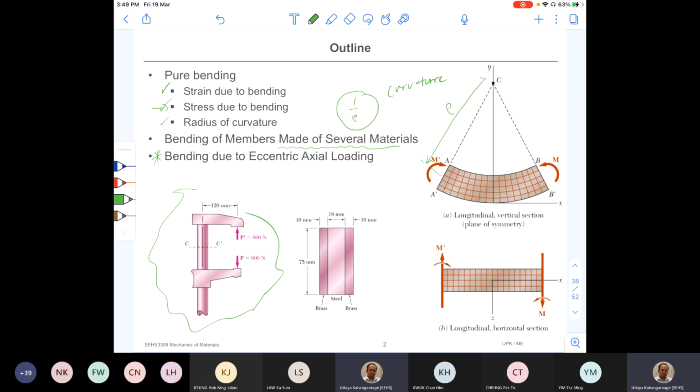So now we know how to find the stresses when there are axial loads or normal loads, and also how to find the stresses due to bending moment. By combining them together, we should be able to tackle problems with eccentric axial loading. So that's what I'm going to teach today.